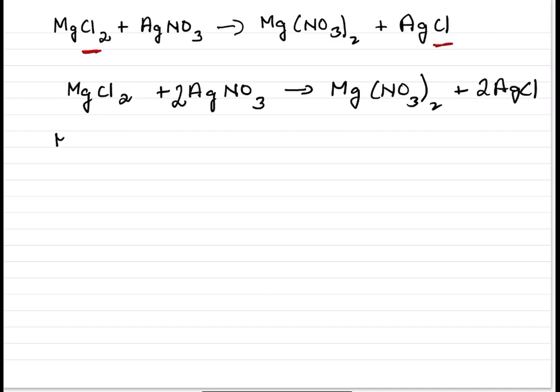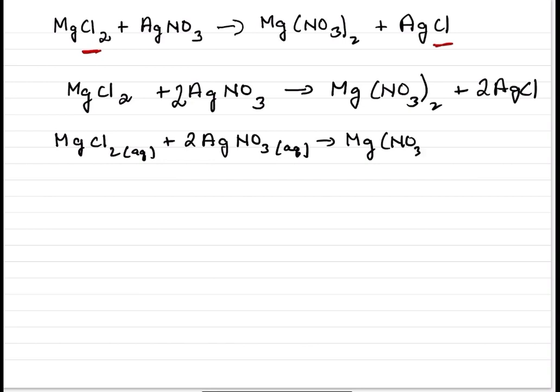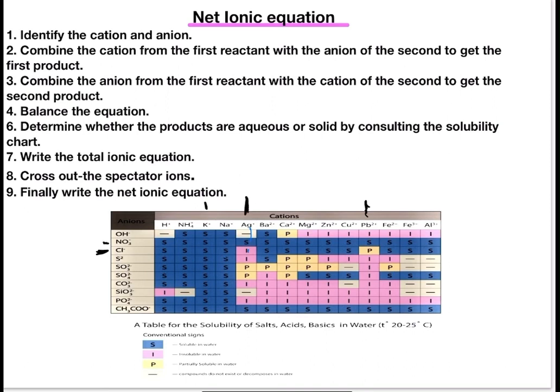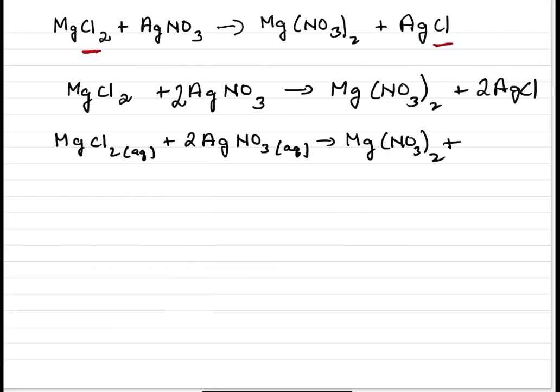MgCl2 aqueous plus 2AgNO3, this is also aqueous. If you look into the chart, magnesium nitrate is also soluble. But when we look at AgCl, Ag is here and Cl is here, we'll see that it is insoluble in water, clearly shown. So 2AgCl is a solid.